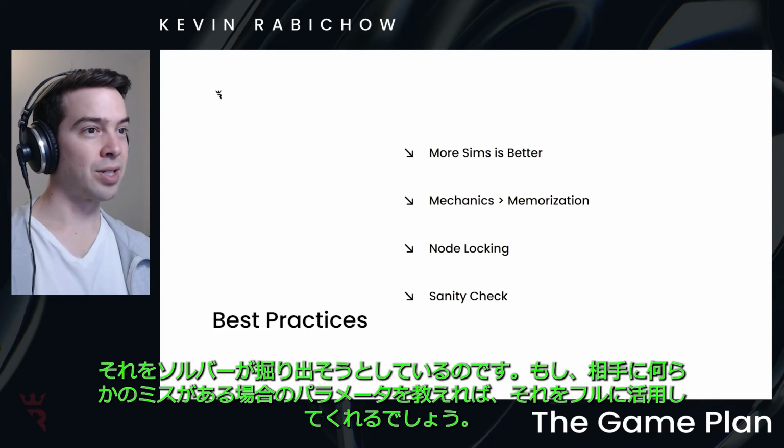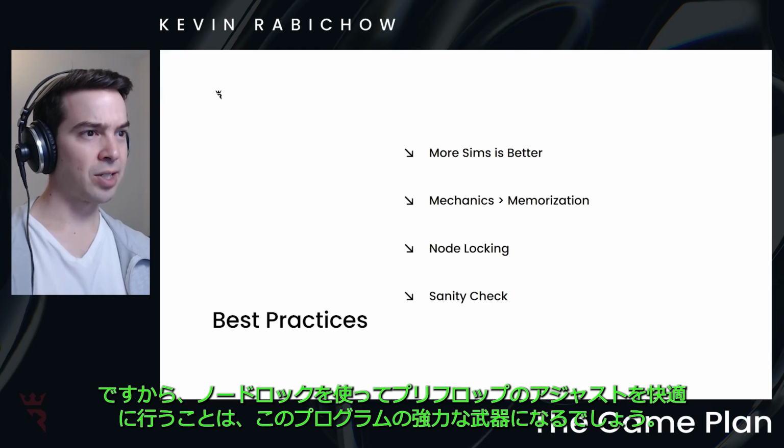And that's what solvers are trying to dig out. If you tell it that the parameters force some kind of mistake for your opponent, it's going to take full advantage of that. So testing your comfort with preflop adjustments through the use of node locking is going to be a really powerful asset in this program.